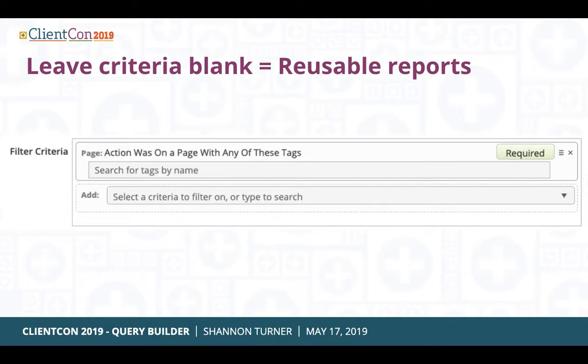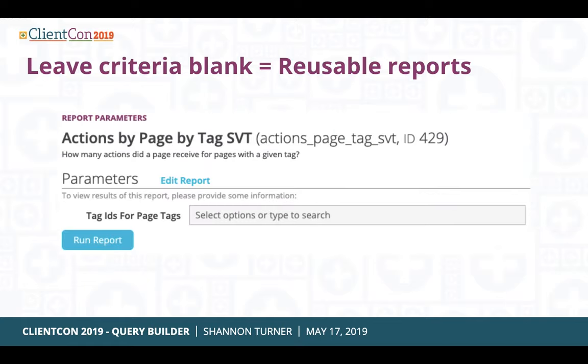If you leave this tag field blank, just how it is in the screenshot, then we actually will be able to make our reports reusable. So what this does is it'll say, this action was on a page with any of these tags. If you leave this blank, save and run your report, then something special happens.